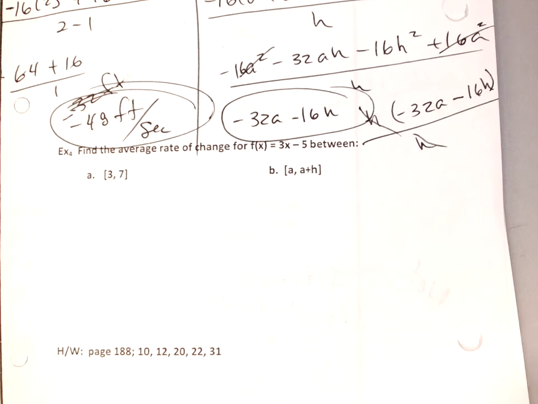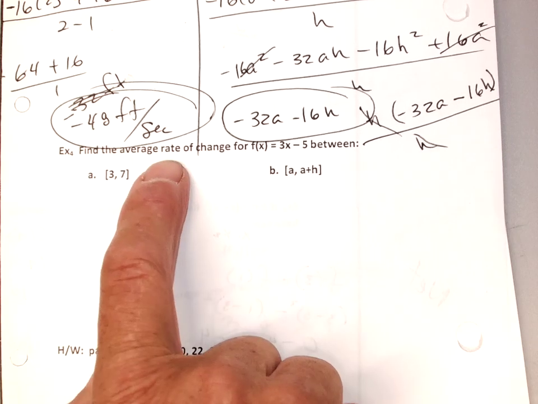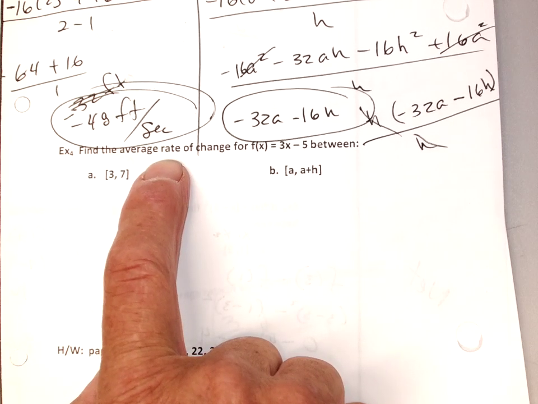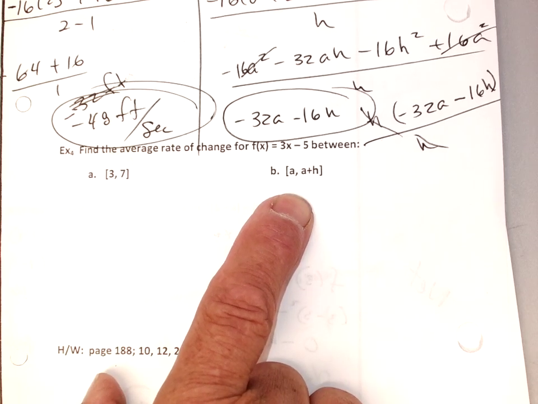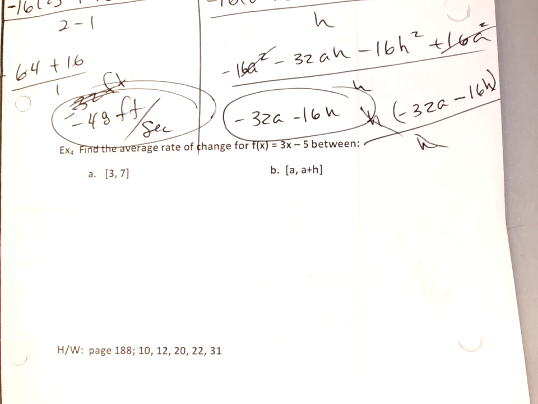Okay, so let's think about this. Average rate of change. Don't do the work. I know the answer to this, and I know the answer to this. I already know the answer. So, if it's a straight line, what's the slope? 3. So what will be the rate? 3. Yeah, so you can do all this work and say, what's the rate between 3 and 7? It's going to be 3, right? What's the rate anywhere on the curve? It's going to be 3.